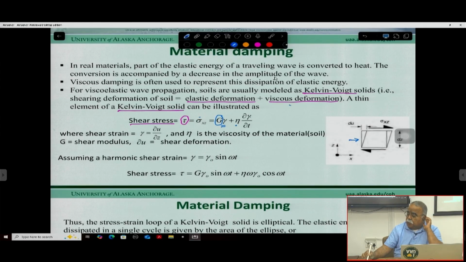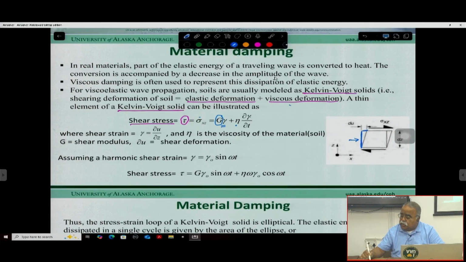Now, the shear strain is the change in displacement divided by the original dimension of the material. So this length is dg, and this is the du.